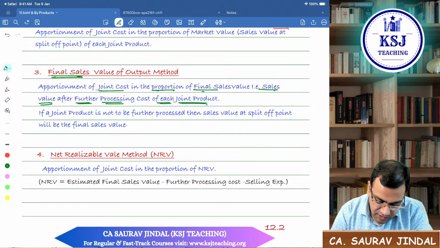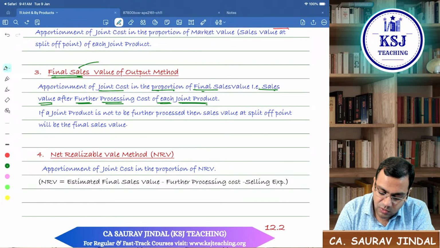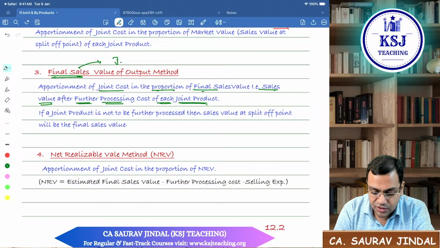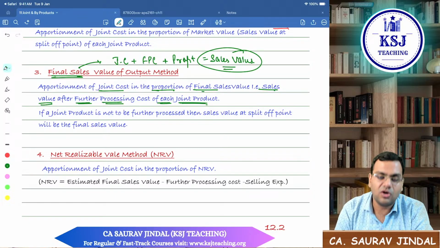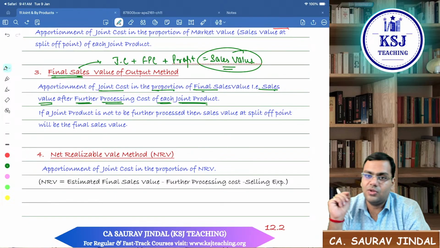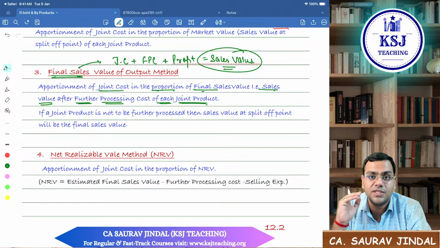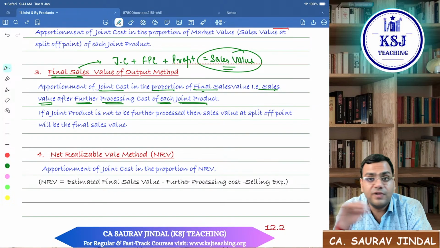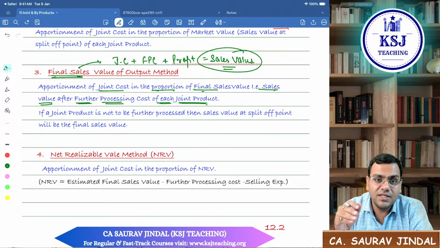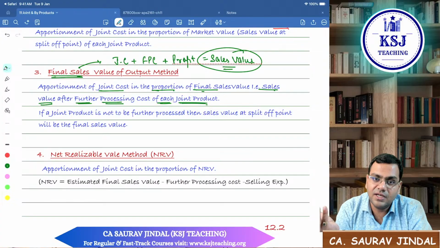So the final sales value will be joint cost plus further processing cost plus profit, which is equal to sales value. If there is any further processing to be done, this is what we call the final sales value. Sir, in case on a particular product there is no further processing to be done, then whatever is the value at split off point will be the final sales value.